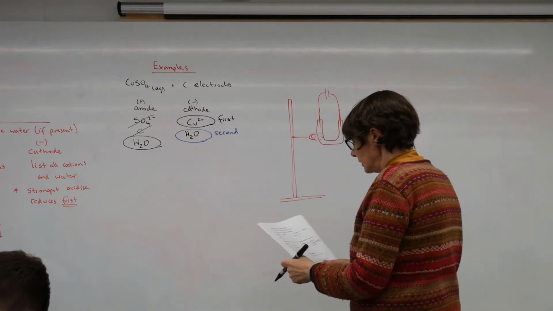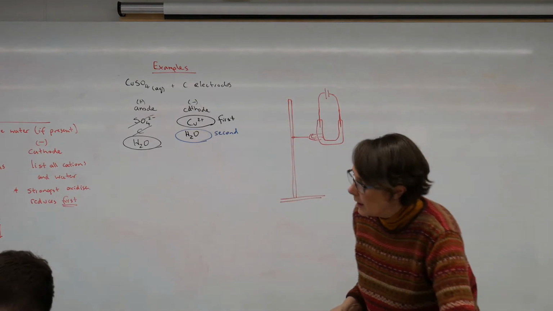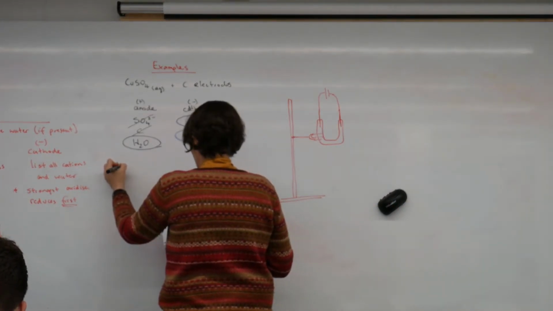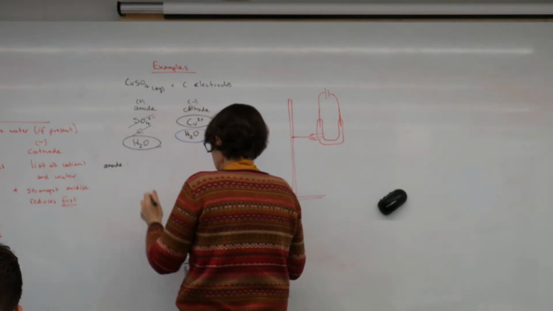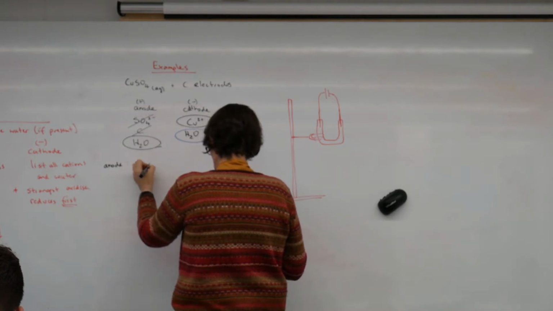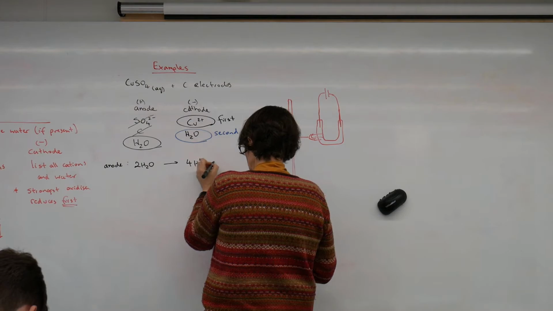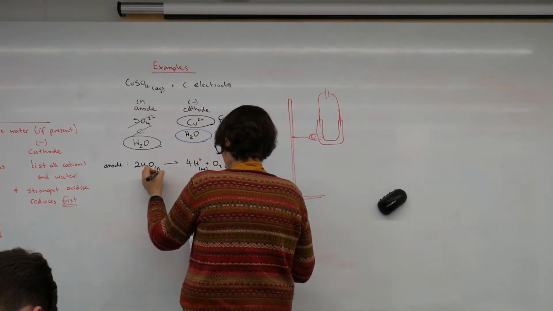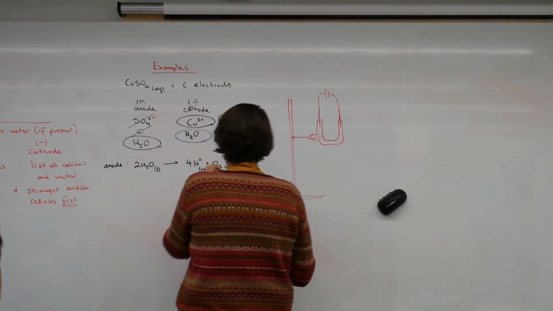So the same process. Now we're oxidising our water. So at our anode, we've got 2H2O, it's giving us 4H+ plus O2 gas plus 4 electrons.